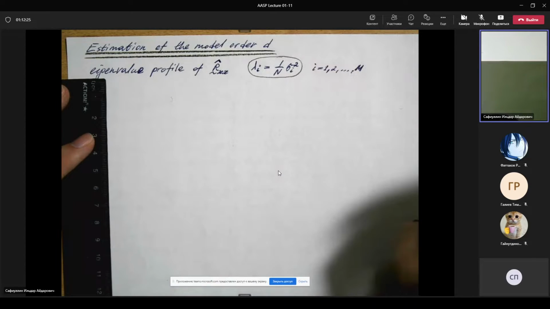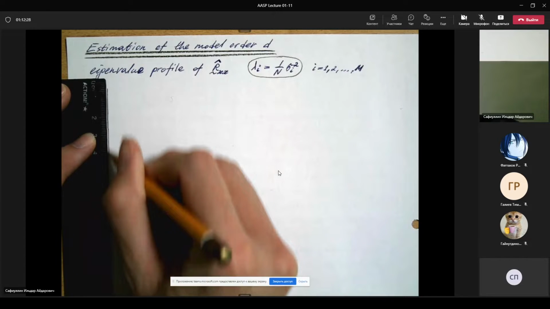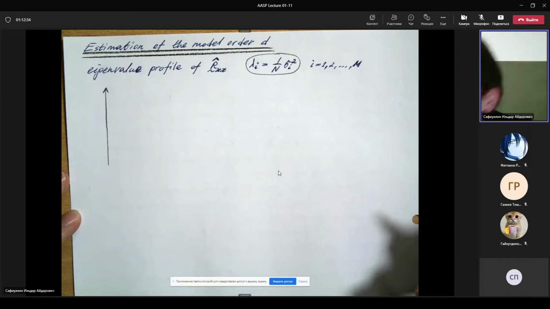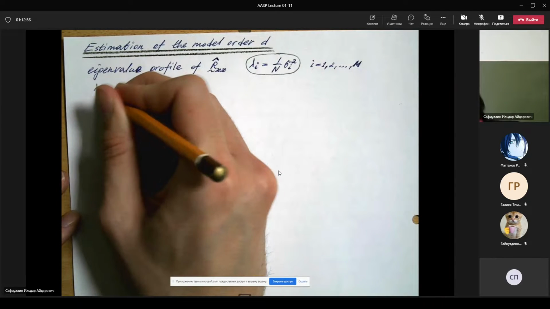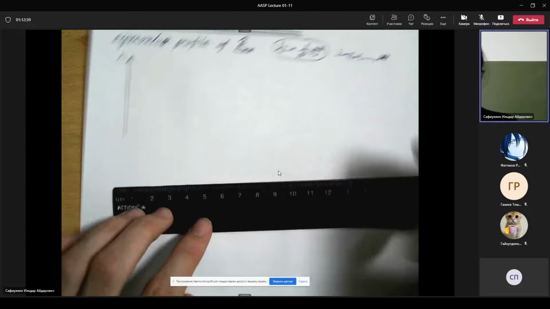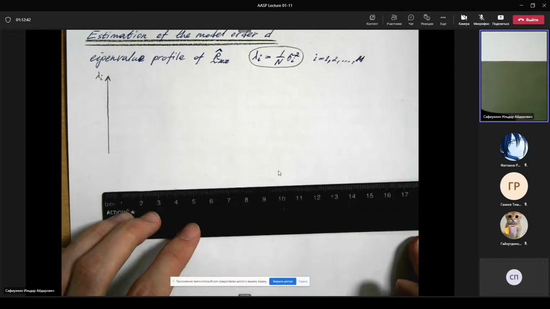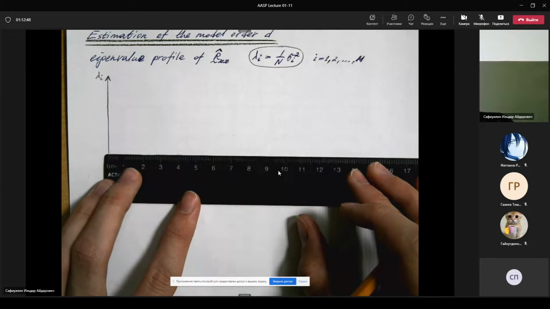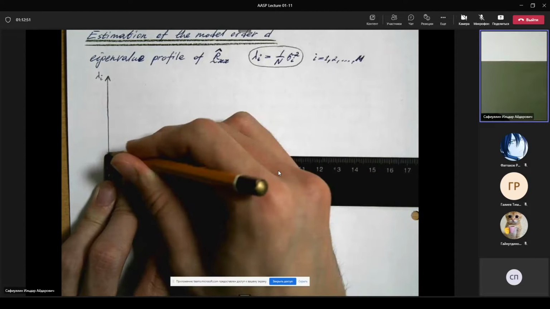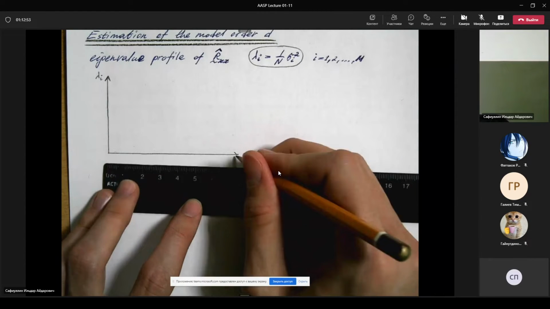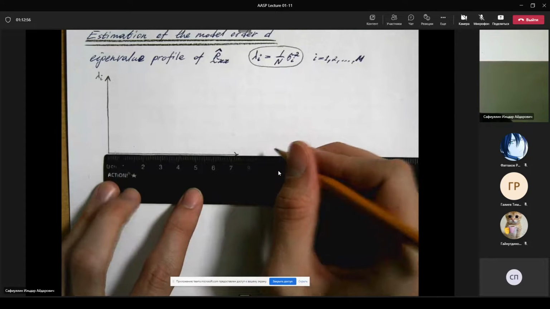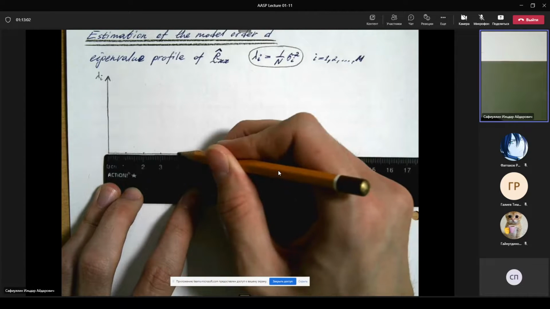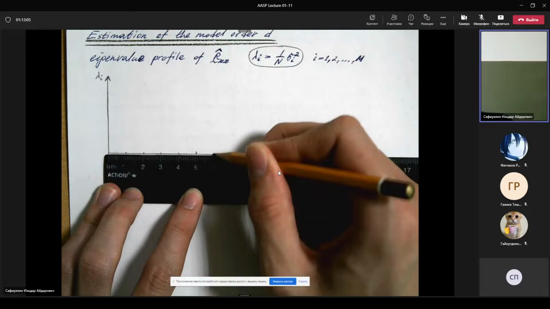Something like this one. So it is our lambda i here, and for the x-axis, here I will indicate 1, 2, 3, 4, 5, and 6.